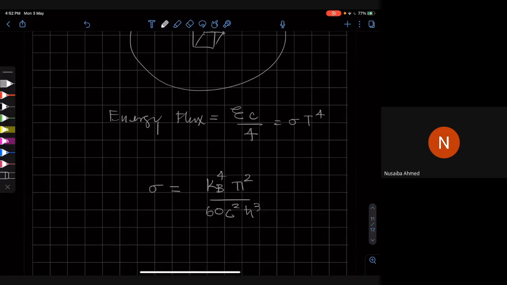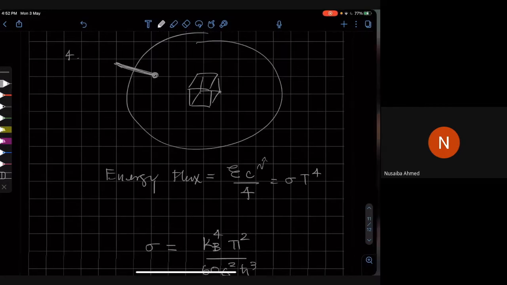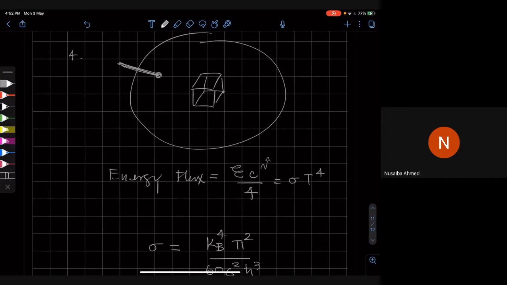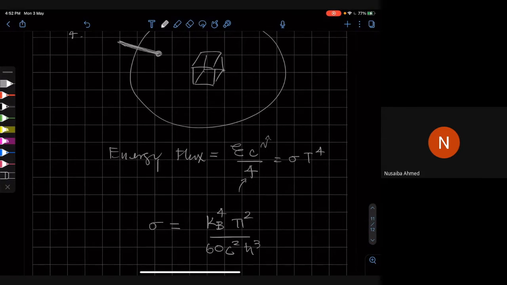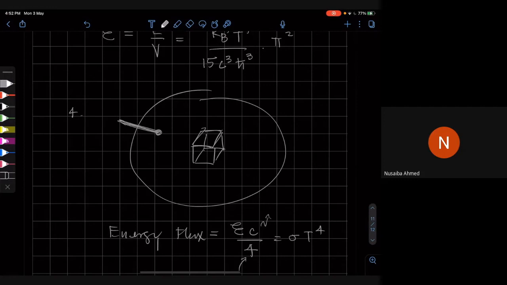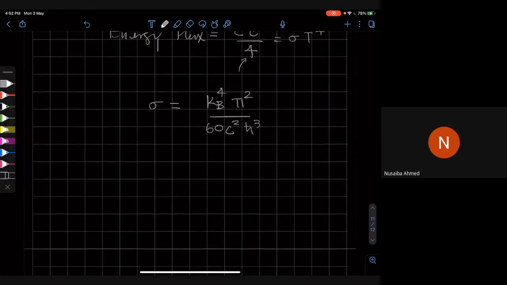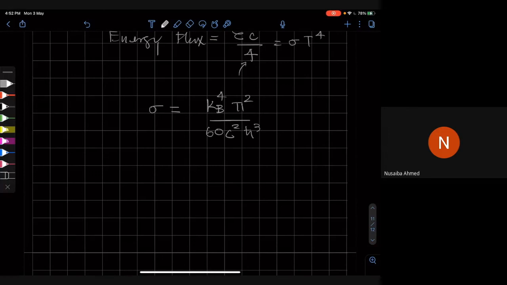This factor of c comes from converting the energy density to a flux. Of course, the energy is going to come out at the speed of light. But what about this factor of 1/4? Where does this come from? It comes from the fact that our source of radiation is not a point source, and what we are interested in is just the photons coming out, not going in.